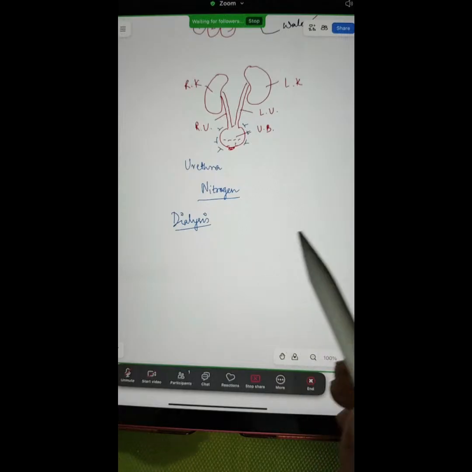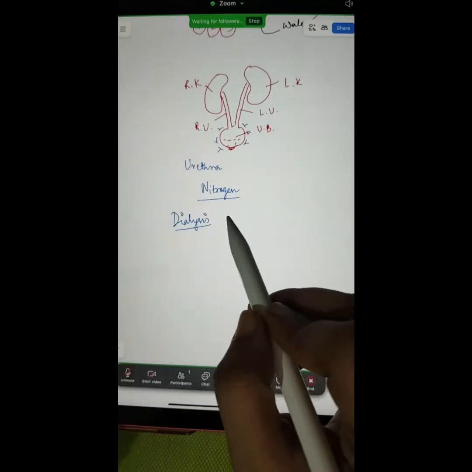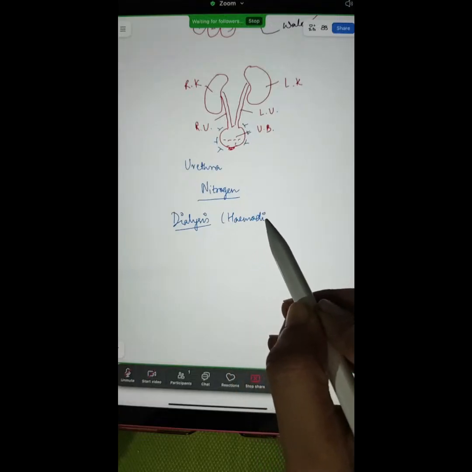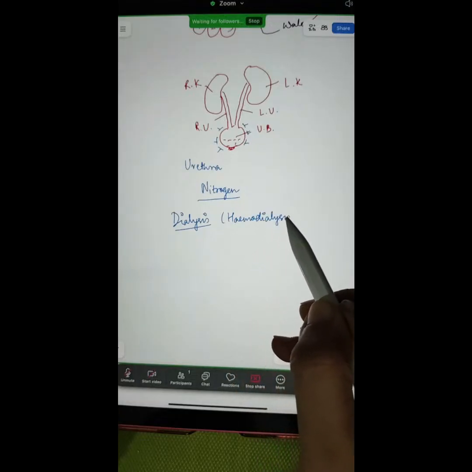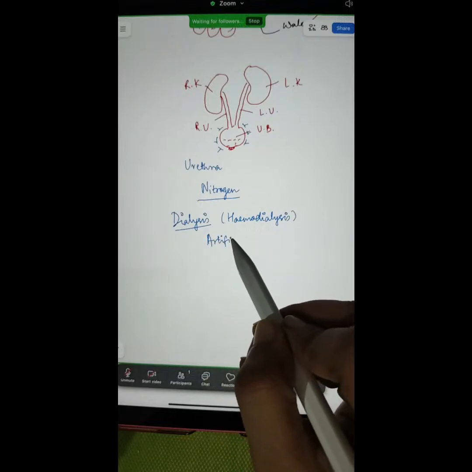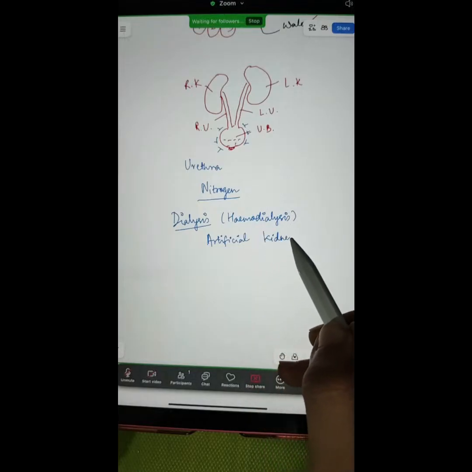So in that scenario, when both of the kidneys don't function, a special process is done which is known as dialysis. Because in this dialysis the blood gets filtered, that is why we call this process hemodialysis. It is actually an artificial kidney that helps in the filtration of the blood.